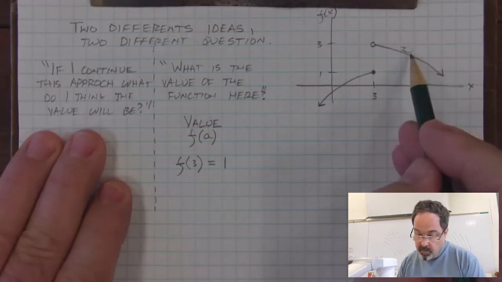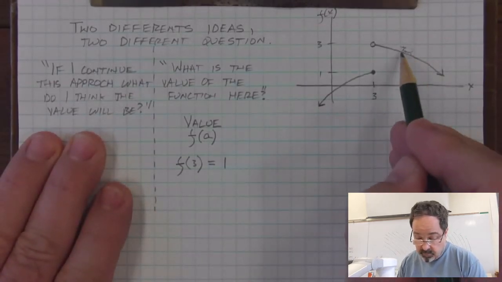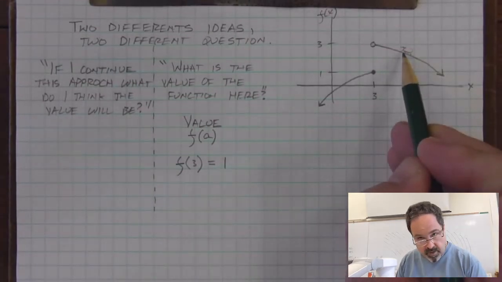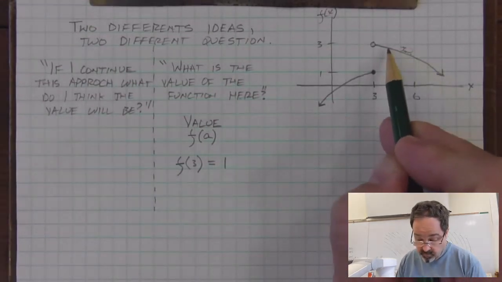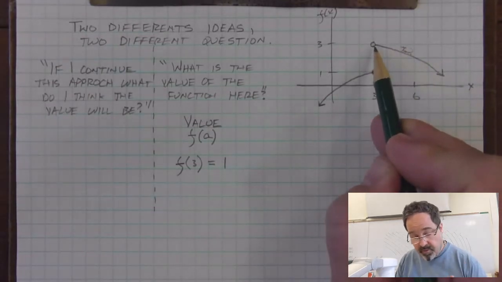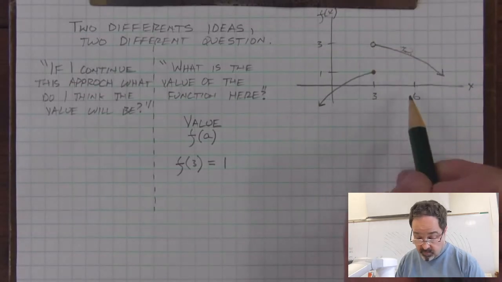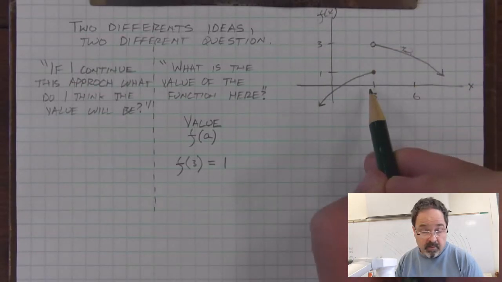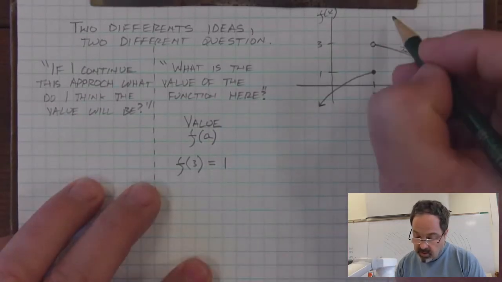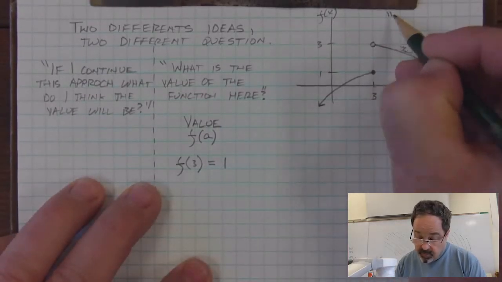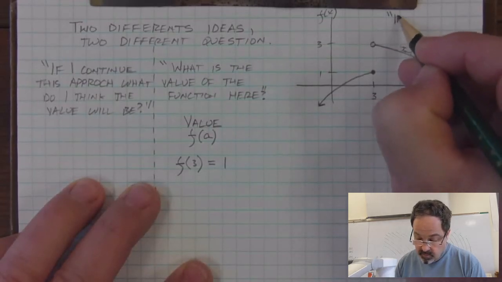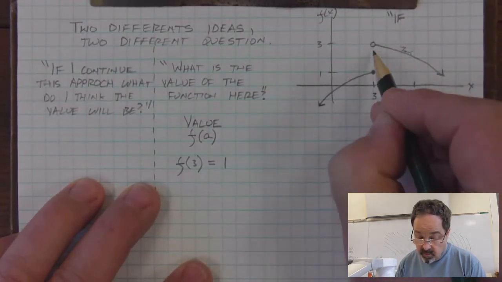So if I'm a bug and I'm walking along this function, I'm imagining if I continue this trend, the curvature, the way this function behaves, what height do I think I will be at when I get to any location in the domain? It's a very different kind of question. I'm going to phrase it in a slightly different way and specific to this bug on this function.